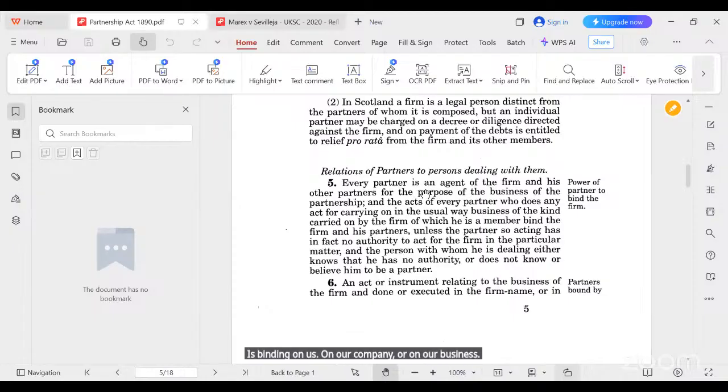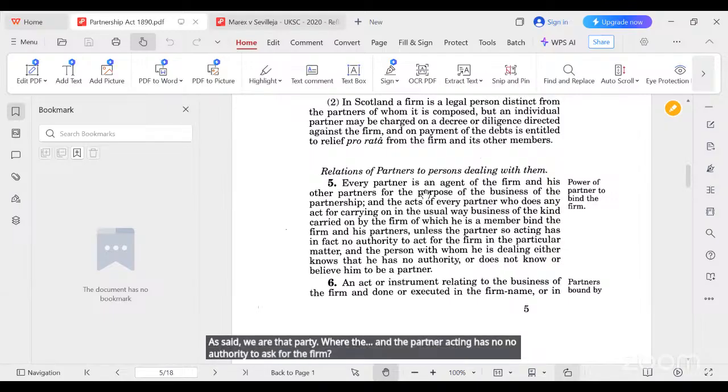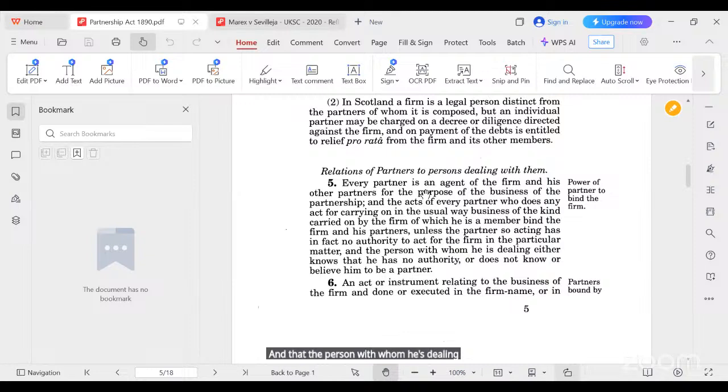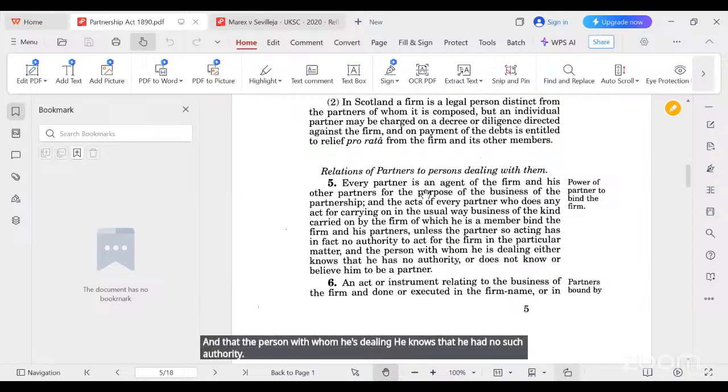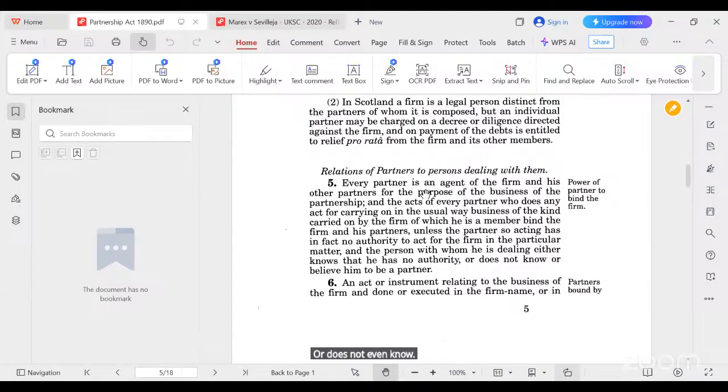It also binds the party we are dealing with, except where the partner acting has no authority to act for the firm and the person with whom he's dealing knows that he has no such authority or does not even know that he's a partner. That is the situation in which those other persons can be denied legitimacy on the business. But as between the partners themselves, each of them is the other's agent.